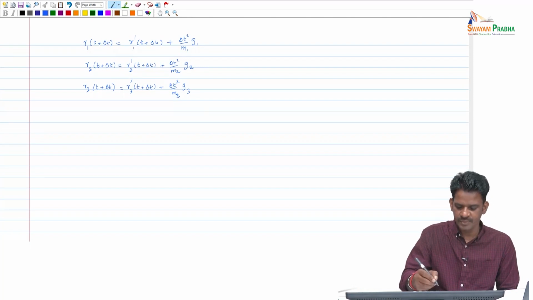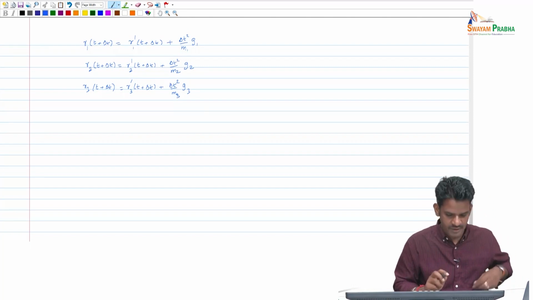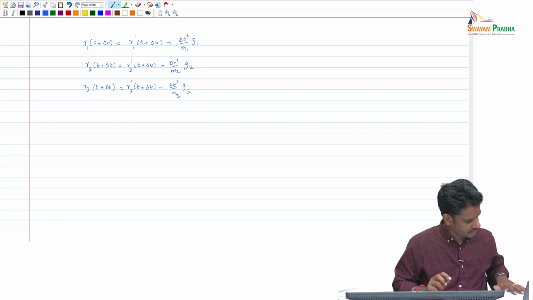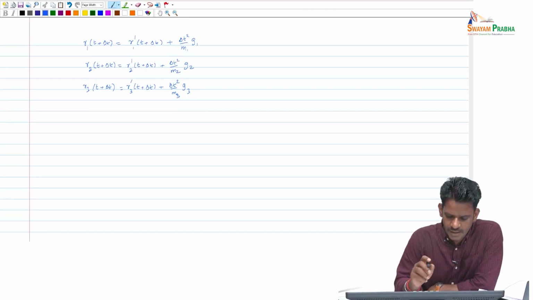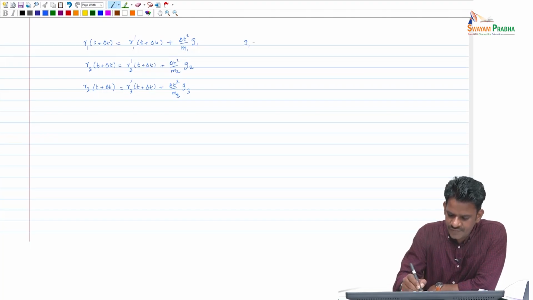M1 and M3 are basically the same, but in this case we are keeping them different to make it general. And again we note that G1 is given by lambda 12 R12 and G2 is given by minus lambda 12 R12 plus lambda 23 R23 and G3 is given by minus lambda 23 R23.